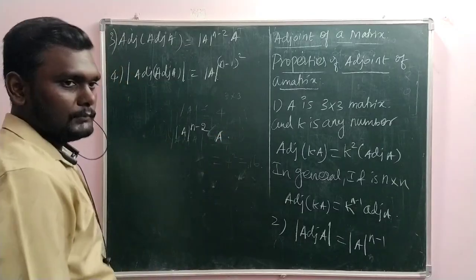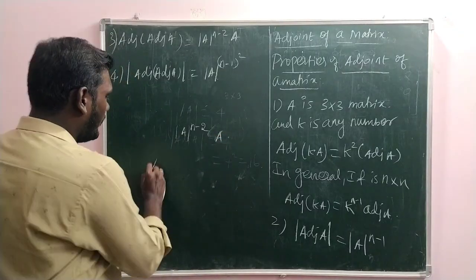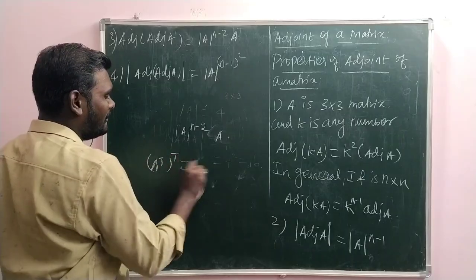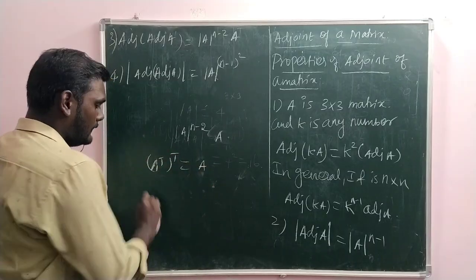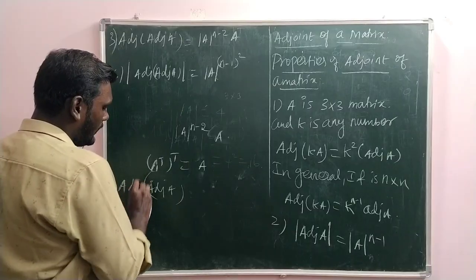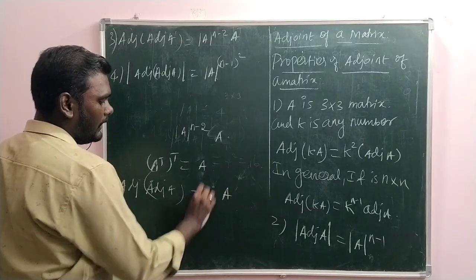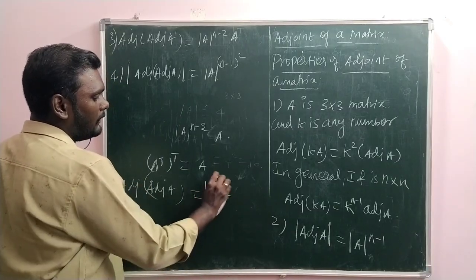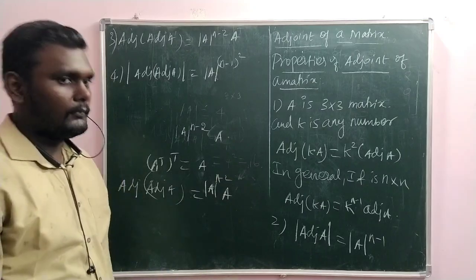That's all. You remember A transpose, whole transpose, we wrote the matrix A itself. The same way, if we take adjoint of adjoint of A, we will get the same matrix A, but it will be multiplied with the determinant of A power n minus 2. Okay.